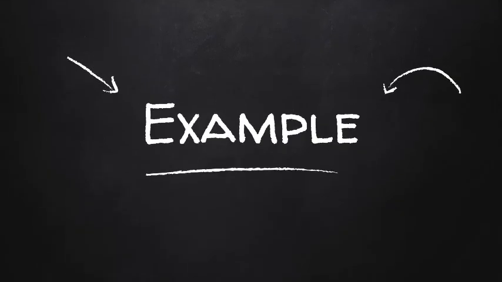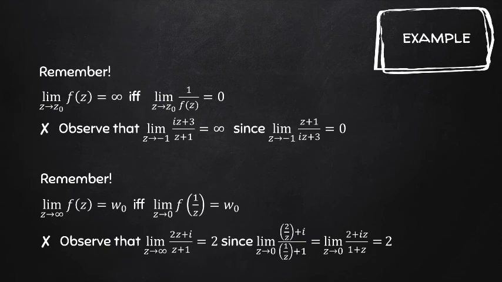Next, we have examples of limits involving the point at infinity. First, observe that the limit as z tends to minus 1 of the function (iz+3)/(z+1) equals infinity. Remember the theorem in case 1: the limit as z tends to z0 of f(z) equals infinity if and only if the limit as z tends to z0 of 1 over f(z) equals 0.